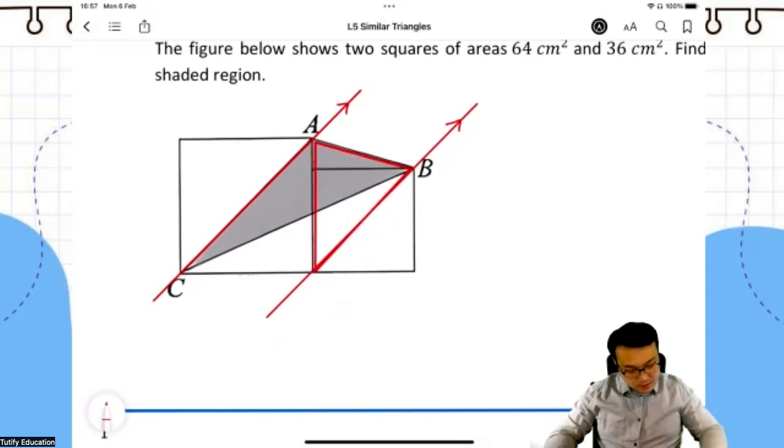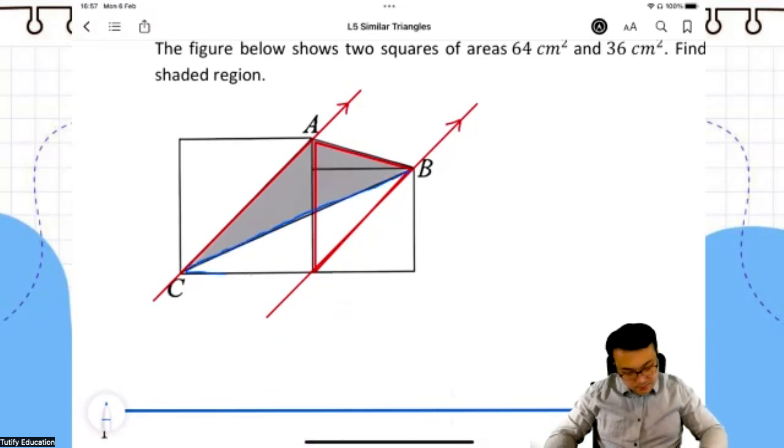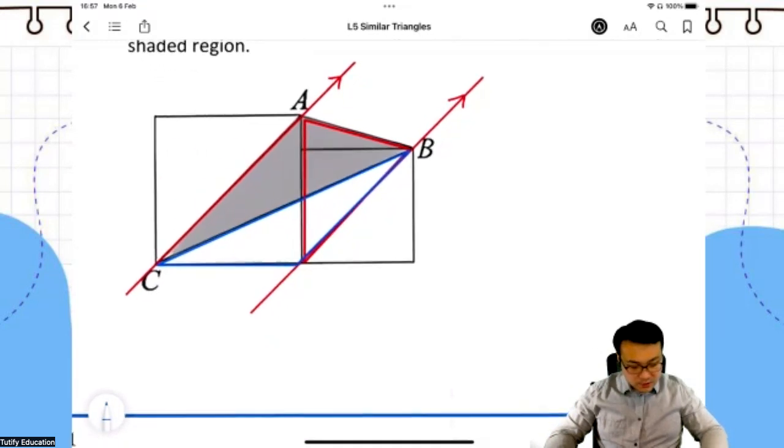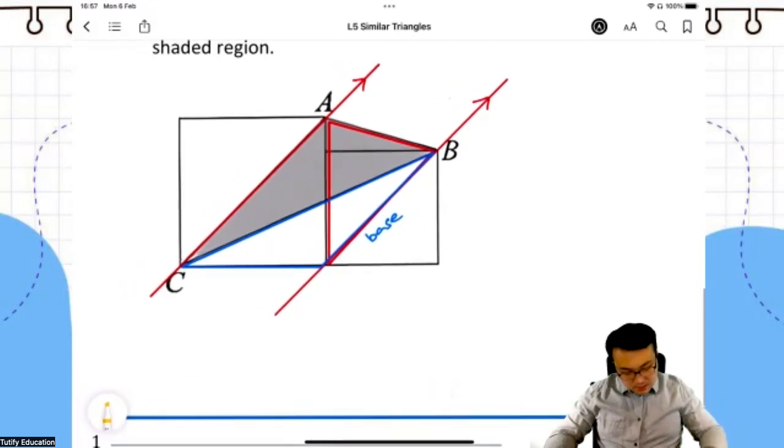Okay, look at this red triangle. And let's look at this blue triangle. Do you notice that the red and blue triangles share the same base? So what happens to the butterfly wings?